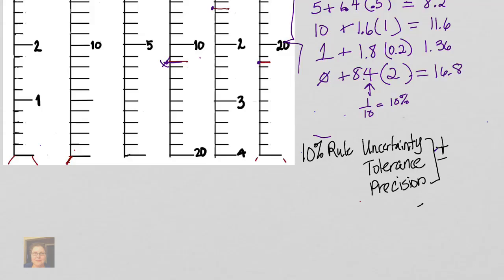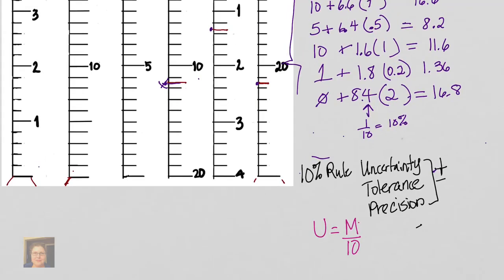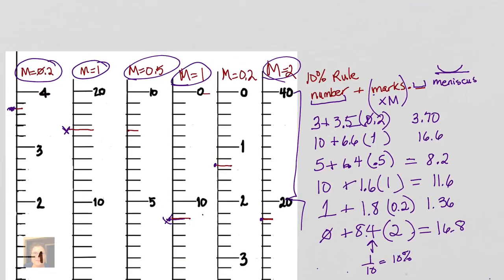So once we calculate the value of our mark, we also could calculate the value of our precision. The value of our precision is always whatever your marked value is divided by 10. So if we look back at these devices, we know how good they are. The uncertainty on this is going to be 0.2 over 10 or 0.02.